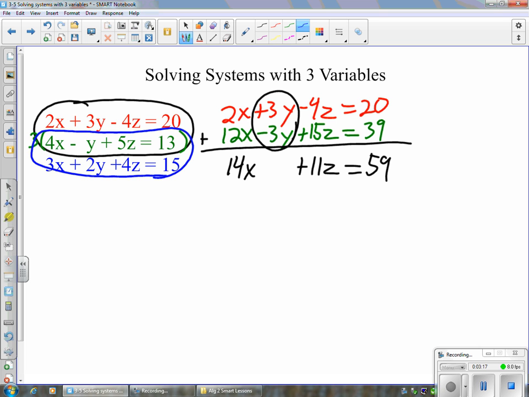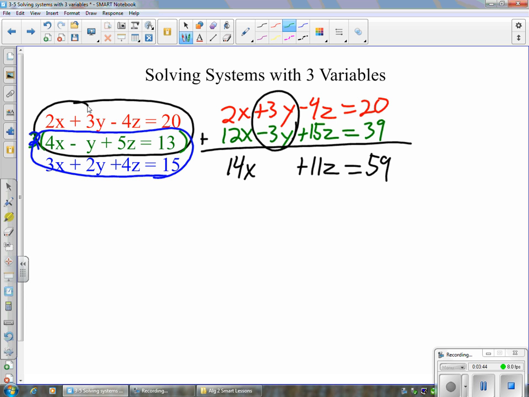So if I eliminate those two equations, I'll need to multiply. Now, here's another thing. You have to eliminate the same variable you did last time. I eliminated the y last time, so I need to eliminate the y again. I need to multiply my green equation times 2 to get that y to eliminate. So let's start again.